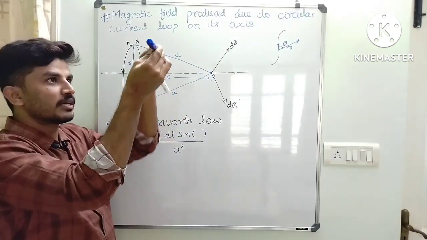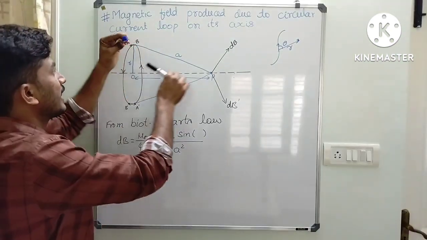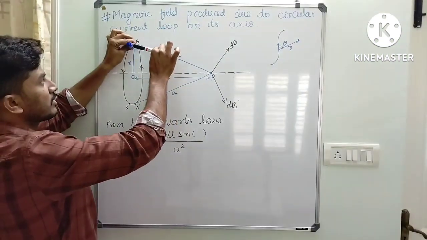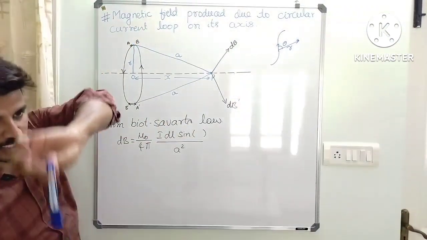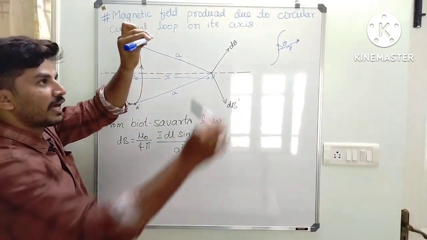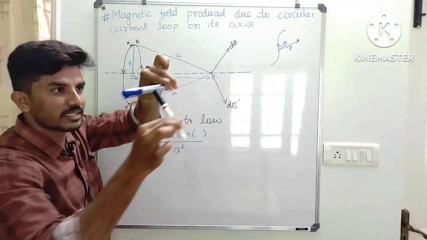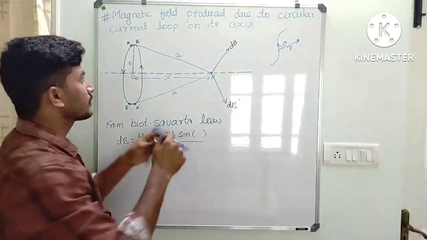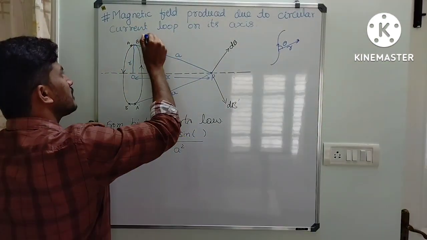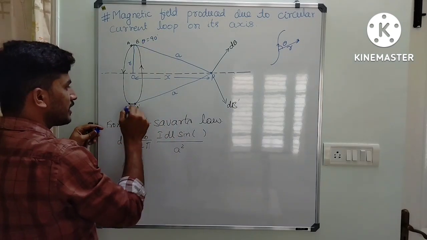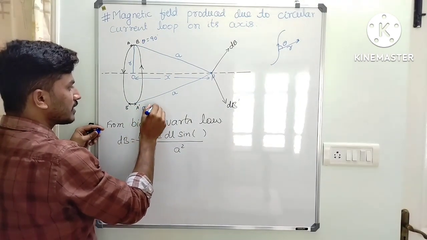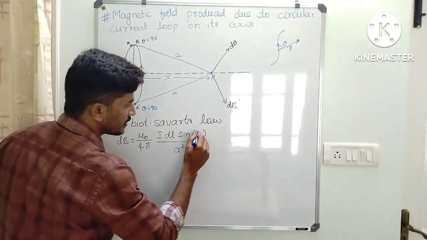So at this particular point, we have AB and A is like this. What is the angle between those two? 90 degree. So here theta value will be 90 degree. In the same manner here also theta value will be 90 degree.